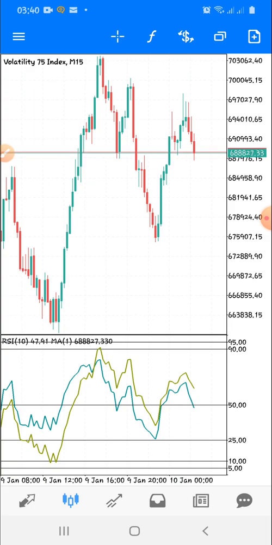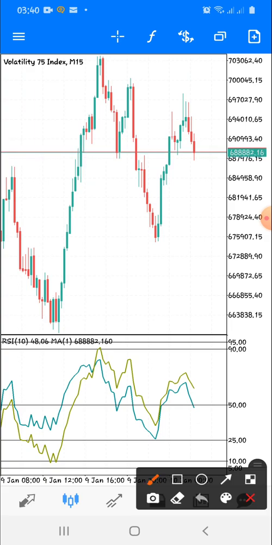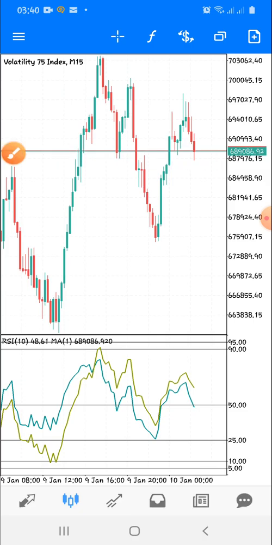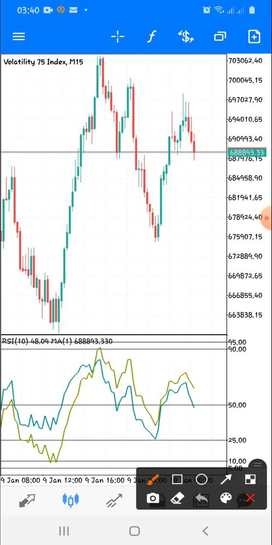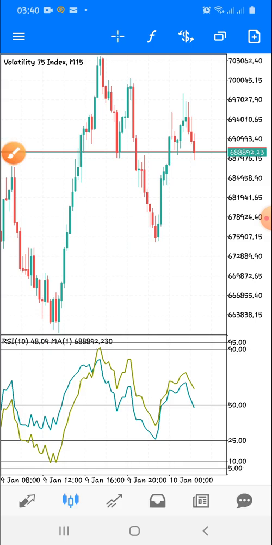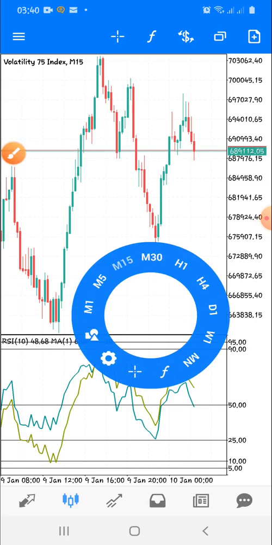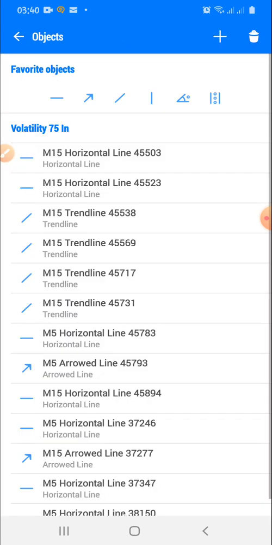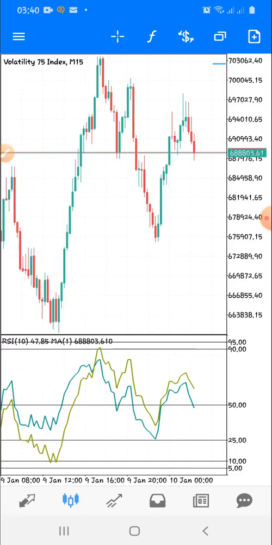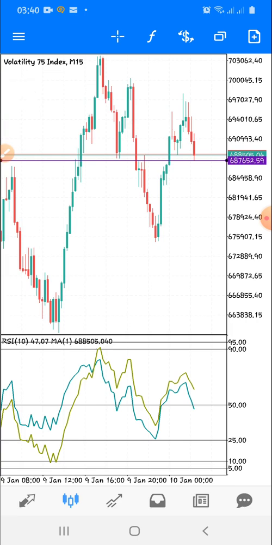Like I told you at the beginning of the video, the market is currently at the support level, so we won't be in a good position of taking any sell or buy.